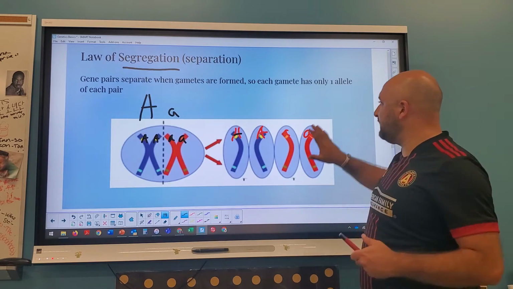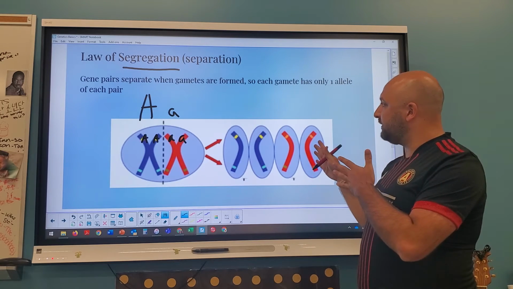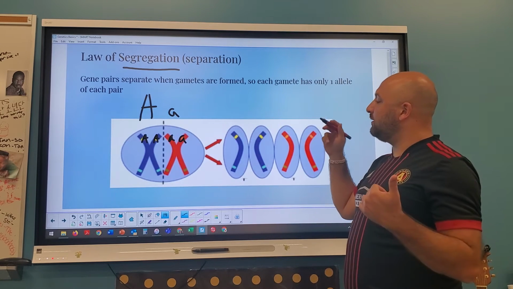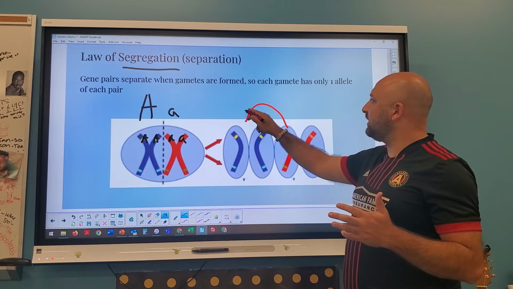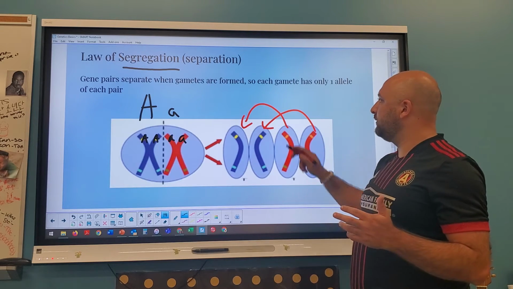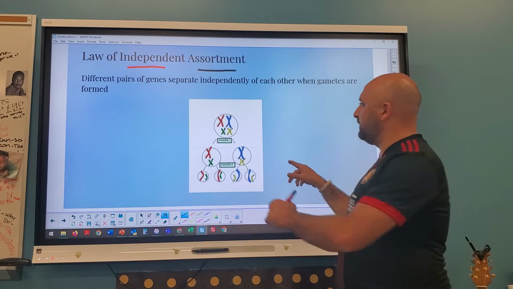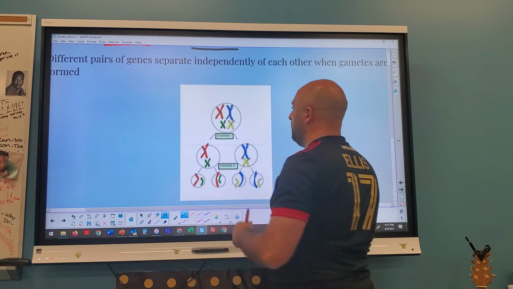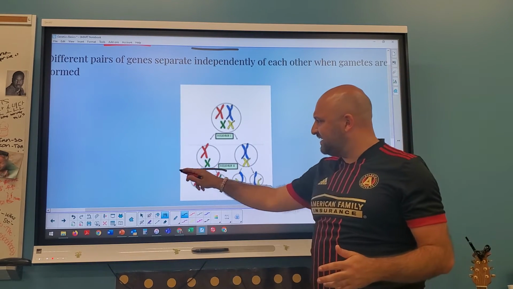If we look at it like this, independent assortment says this. Once you segregate and separate these things, then you can independently assort them. In other words, just stick different ones together independently. Okay? Like, look at it like this. On this image, if I can get this, maybe it's a little bit bigger. Okay, so if we're looking right here, what I mean by independent assortment is essentially this.